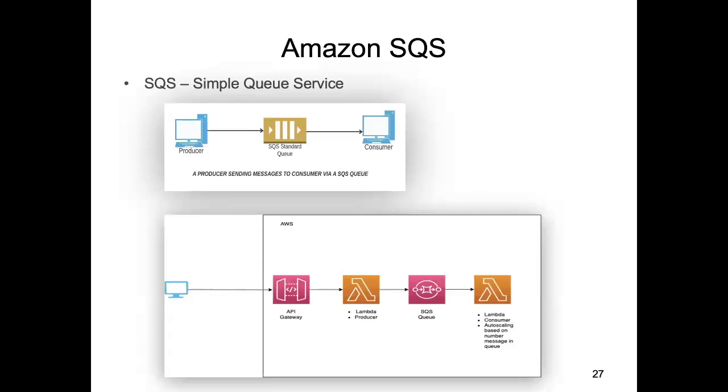So the first one we look at is SQS, and in very simple terms, the language that we use when we're talking about SQS is publishers and consumers. A publisher, that's either a microservice or a Lambda, is writing messages to a queue.